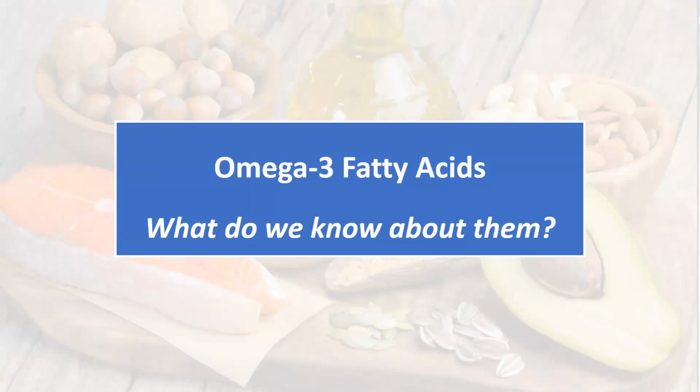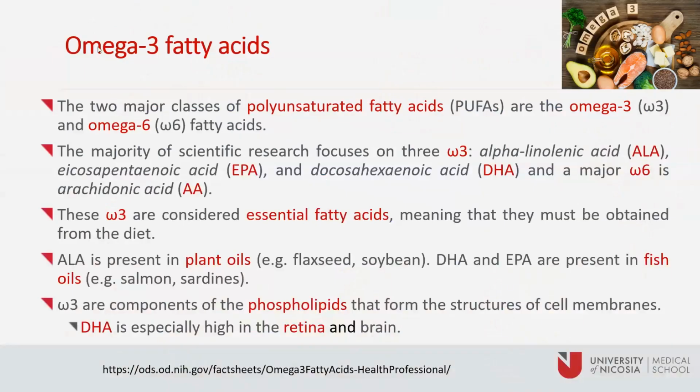So this is where the omega-3 come along the way. So what do we know about them? Let's think about these types of fatty acids first before we see how they correlate to some of their therapeutic potential in eye pathologies. So in terms of polyunsaturated fatty acids, we have two major types. So the first one is omega-3 and the second one is omega-6 fatty acids.